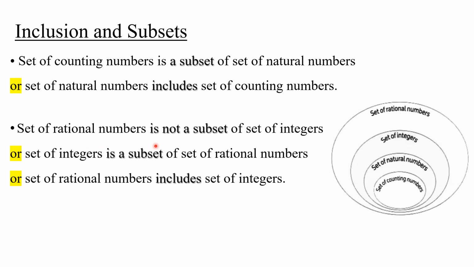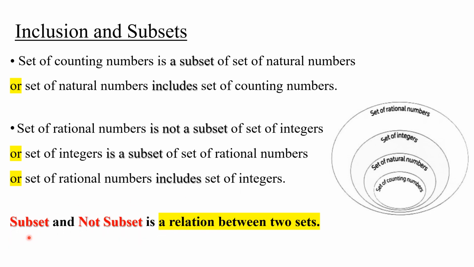The set of rational numbers isn't a subset of the set of integers, because the set of rational numbers has more elements than the set of integers. So we have another expression: the set of integers is a subset of the rational. Integers is a part of the rational. Or the set of rational numbers includes the set of integers.